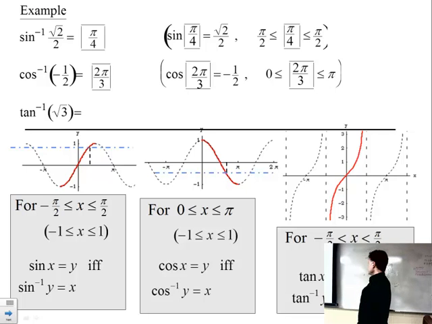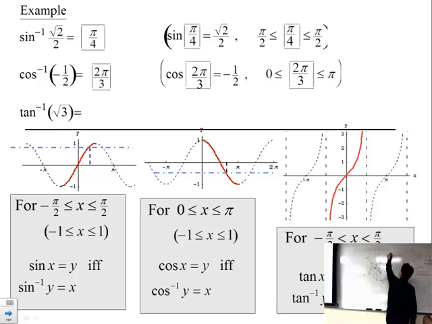Or you could do it here by drawing a line through the origin with slope equal to root 3. And then that angle is going to be what? 60 degrees, or in radians, pi over 3.